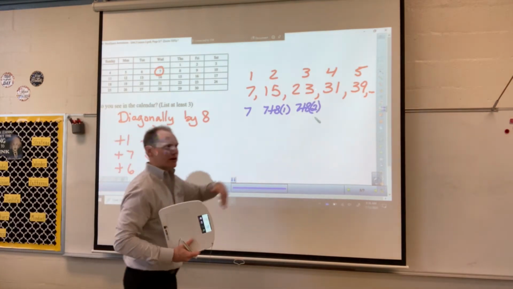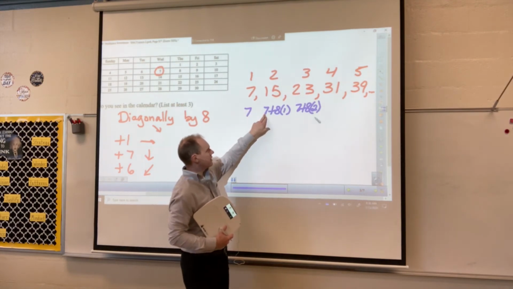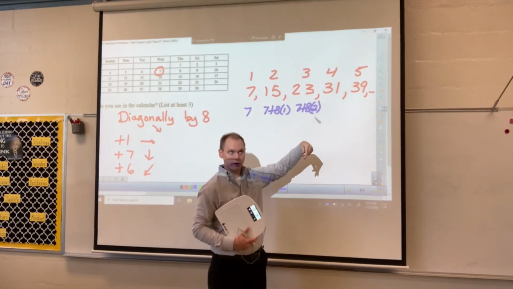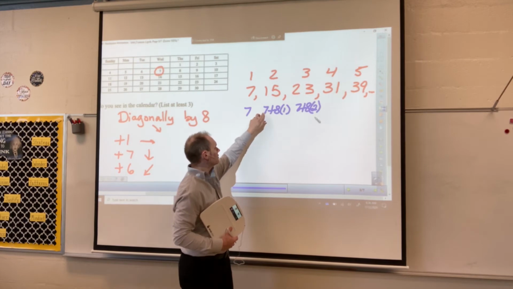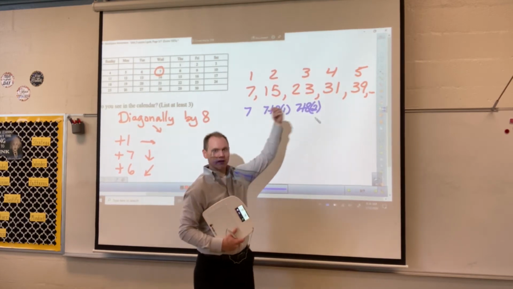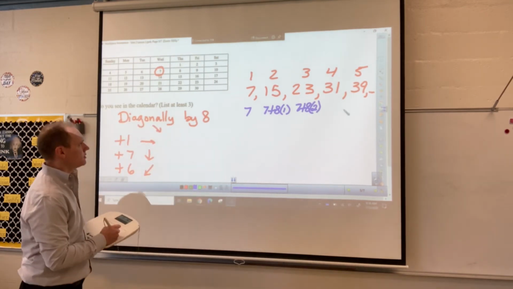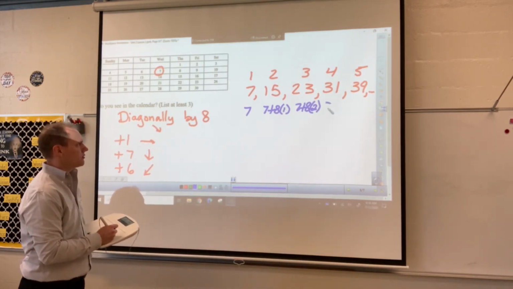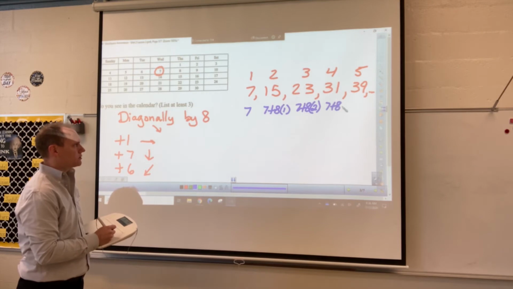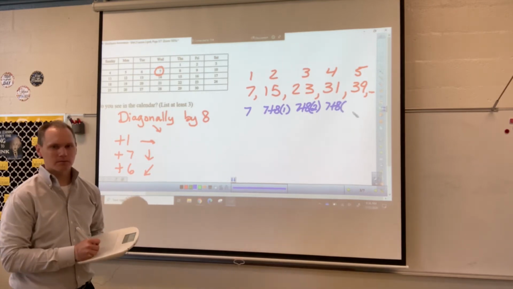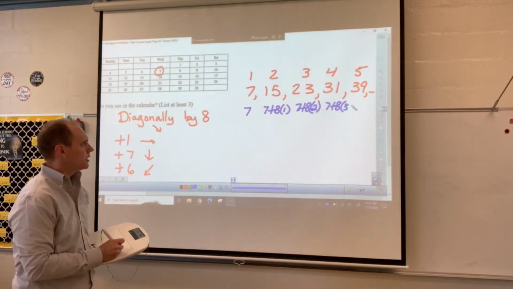Remember at the crowd task we had the constant value, but then we added groups of 3 or 4. Here we're starting with 7, and we're adding groups of 8 each time. And so we're going to continue this and say the next one would be 7 plus how many multiples of 8? 3.